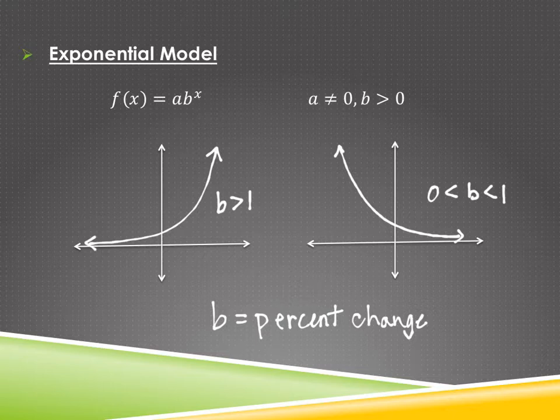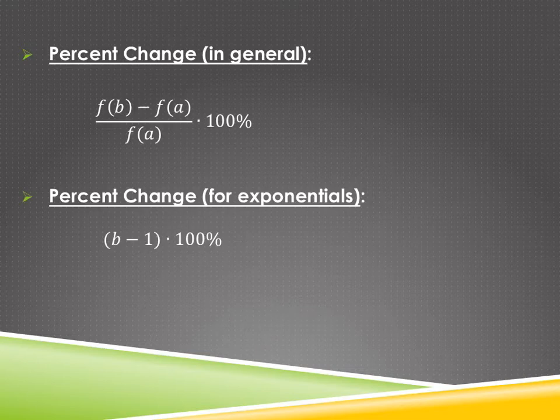Now, in general, if you're just given a couple of data points, which we will be in just a moment, you can find the percent change using this formula: f(b) minus f(a) over f(a), times 100.